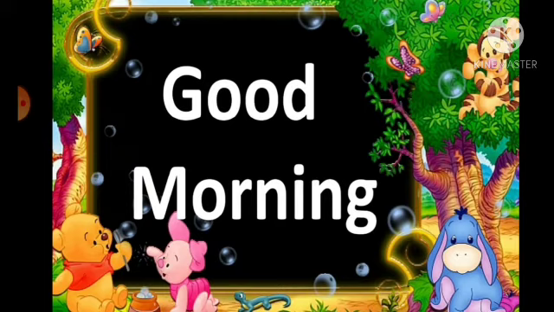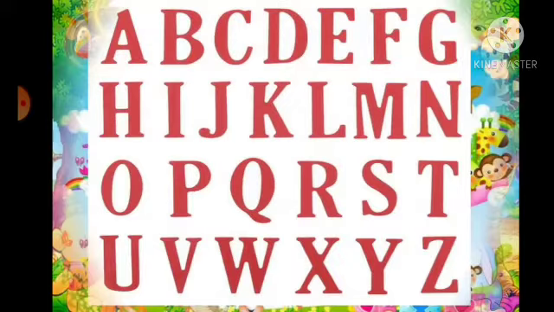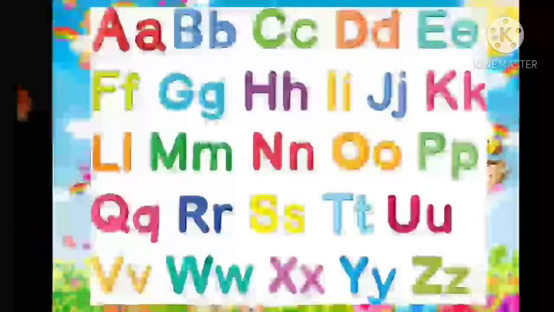So, today we are going to learn a new letter. There are 26 letters in English alphabet. These letters have been arranged in a fixed proper order. This is called alphabets. There are two kinds of letters in English alphabet.